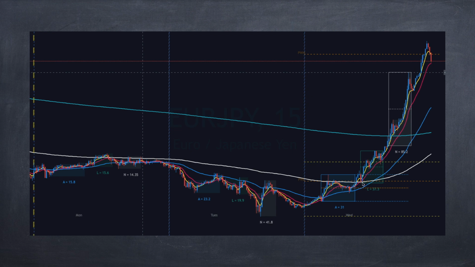This one again tags the 200 and straight up. Look at that. Well over 100 pip move on that one. So peak formation low here, level 1 consolidation here, and then boom, it just explodes out of the box.